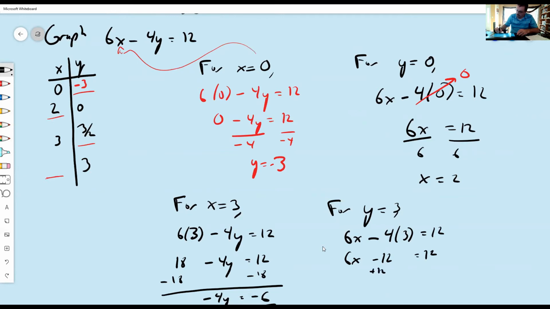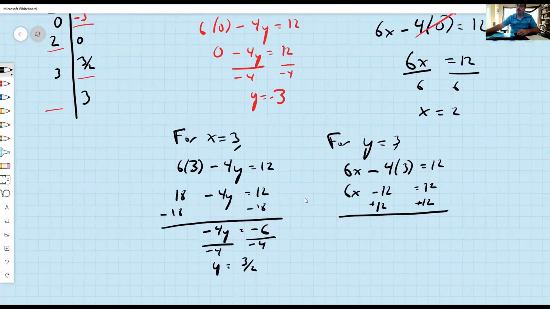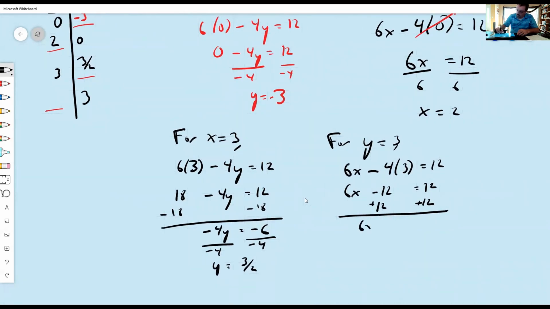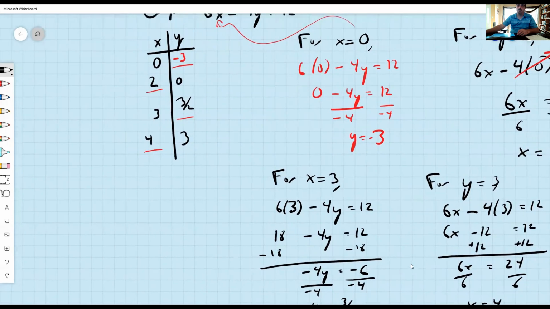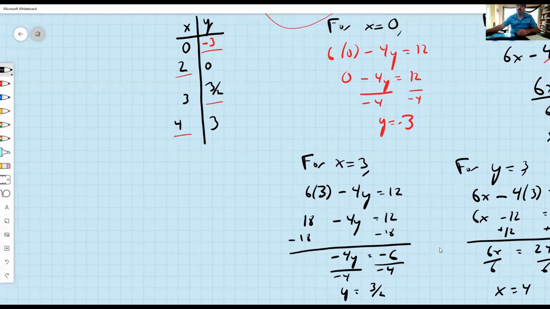Add 12 to both sides. Scroll up a bit. 6x equals 24. Divided by 6, x equals 4. So there we are.